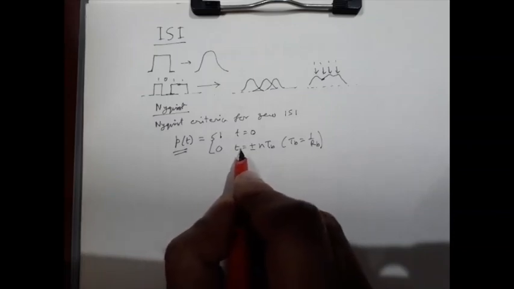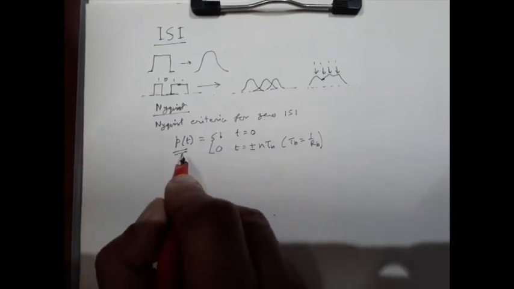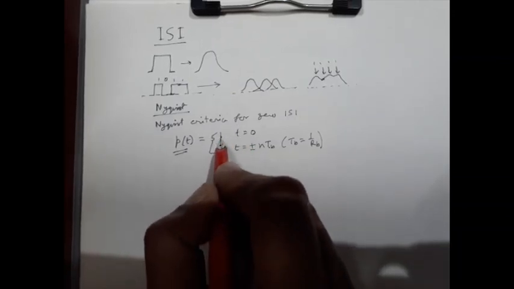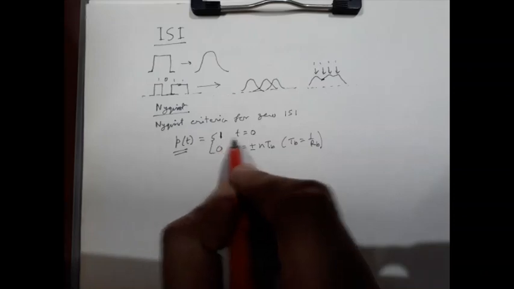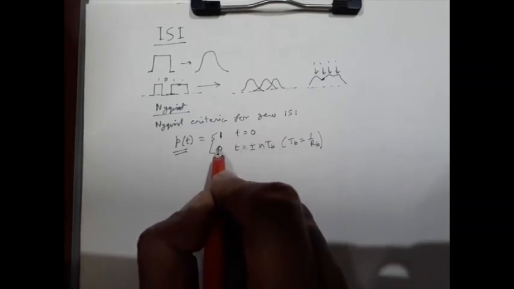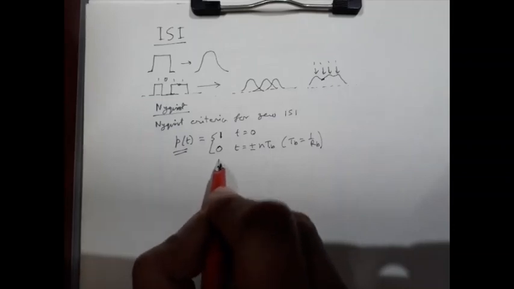We are not going to bother about those things. But the thing is that the criterion is such that at one particular time it will give you some value, and at other sampling instants, it is not going to give you any signal. That is the only criterion.